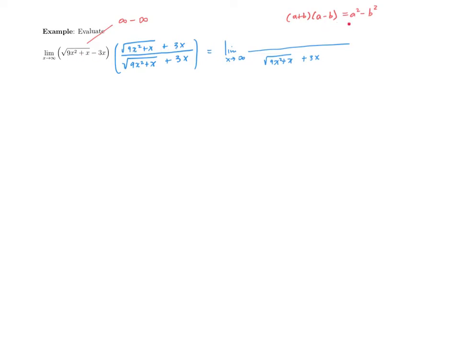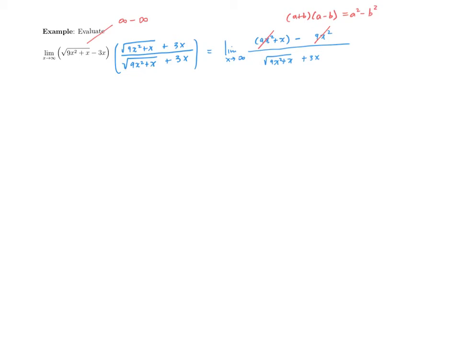So precisely why we have multiplied by the conjugate over the conjugate. So we get the first term squared, i.e. that square root goes away, and we subtract away from it the second term squared. So we're subtracting away 9x squared. And this works out wonderfully because you have a negative 9x squared and a positive 9x squared.